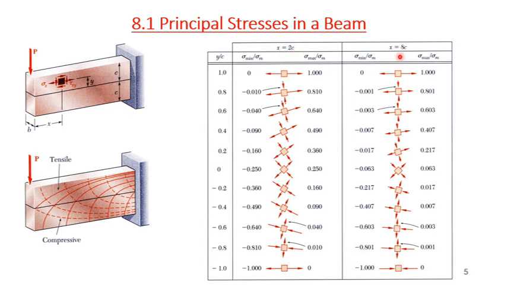And for x equal to 2c or x equal to 8c, let's see if you put the value of y by c ratio. If that is the top surface, then the ratio between sigma max and sigma m will be 0, and similarly sigma min by sigma m will be 0.